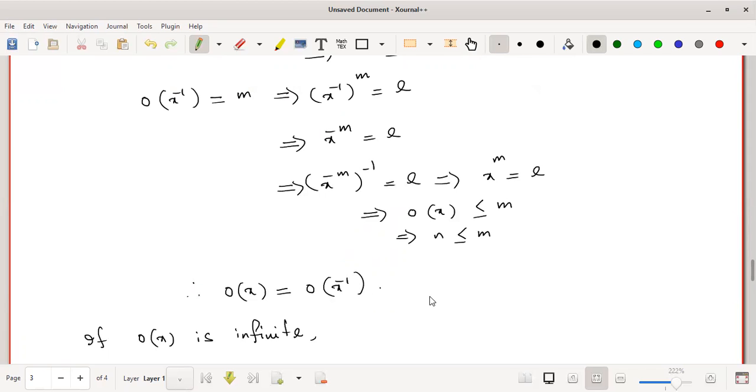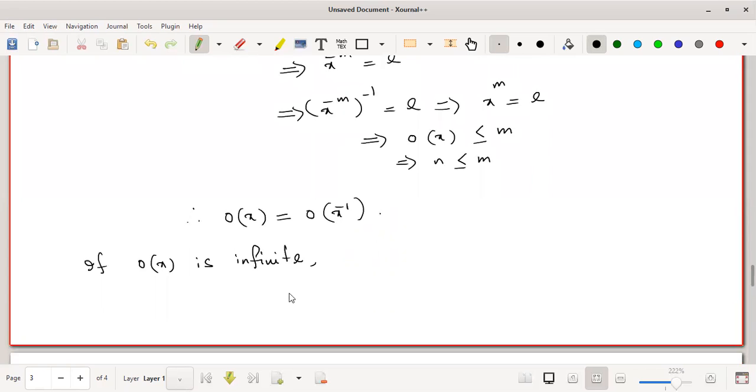You see, if the order of x is infinite, and if you assume the order of x inverse is finite, then x to the power order of x inverse is identity.